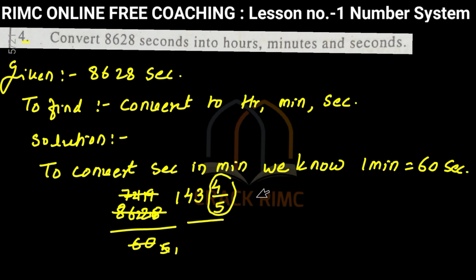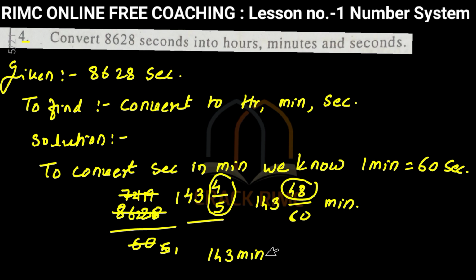So we will get 143 wholes 12 4s are 48 upon 60 minute. Okay, so this 48 upon 60 minute means what it means? It means this is 48 second. So here our answer will become 143 minute and 48 seconds.